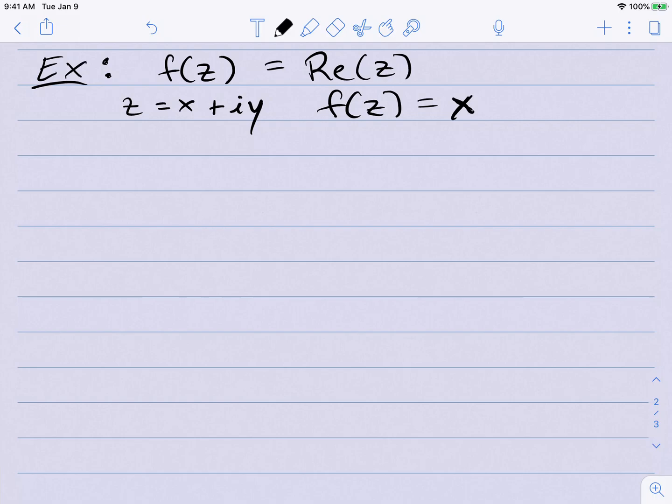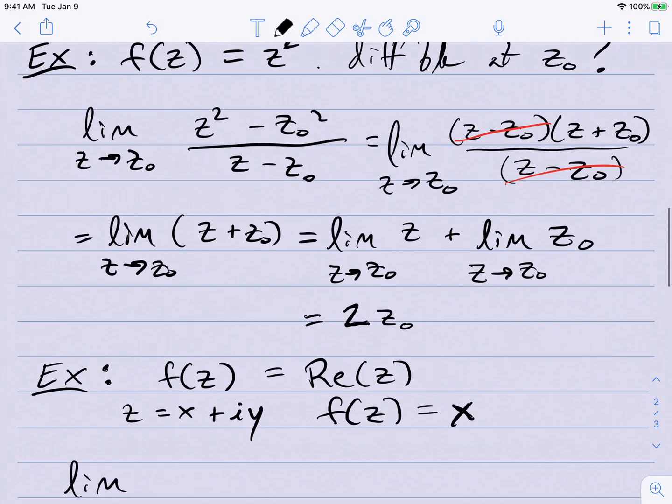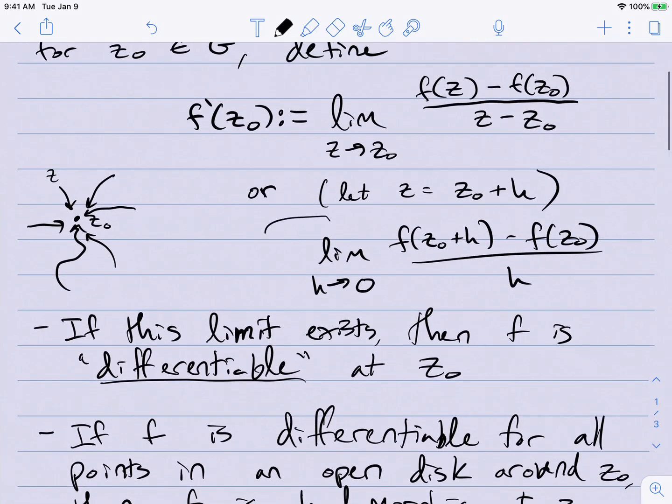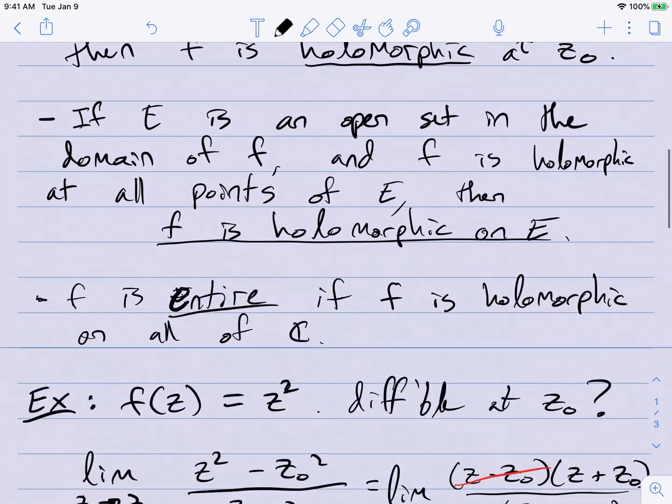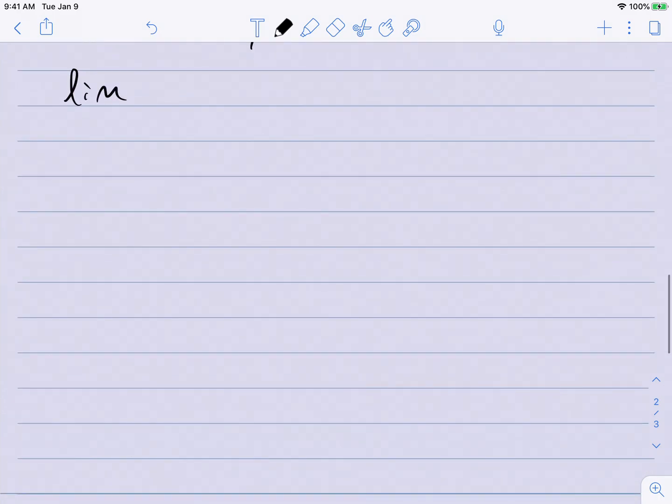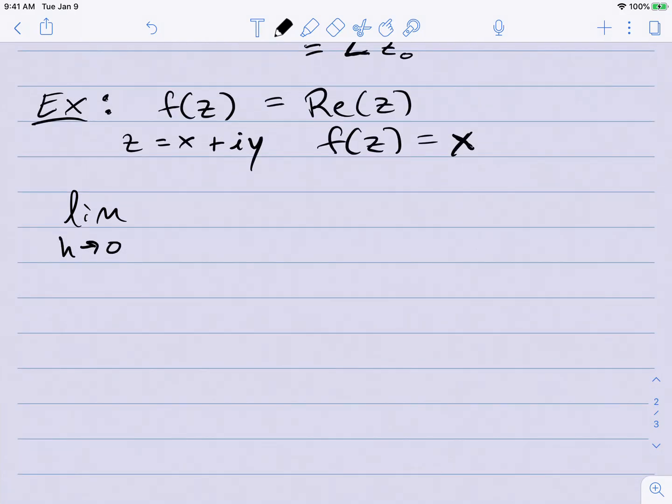Okay, what I'd like to do is I'm gonna make a mistake on purpose and show that it actually is differentiable, and then let's see where the mistake was. So I'm going to use the second expression here, this one, for my limit. So this is the limit as h goes to 0. I've got f of z0 plus h. So the real part of that is x0 plus h.